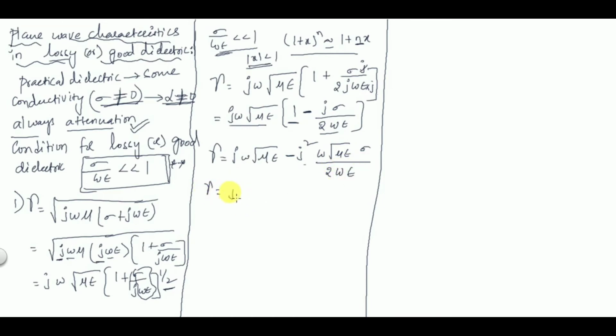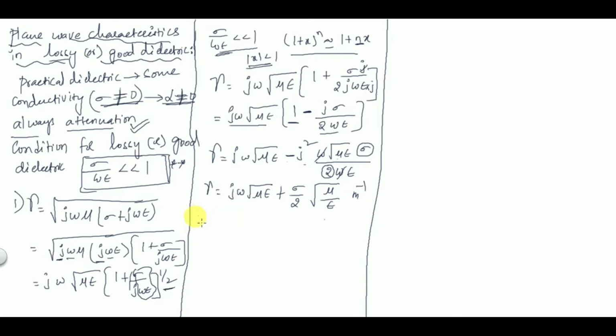So gamma can be written as j omega root mu epsilon, and minus of j square is minus 1, so minus of minus 1 becomes plus. So sigma by 2, omega and omega get cancelled off, root of mu by epsilon. Under the root, epsilon by epsilon becomes 1 by root epsilon, so 1 by root epsilon into root mu will be root of mu by epsilon. So this is the value of gamma.